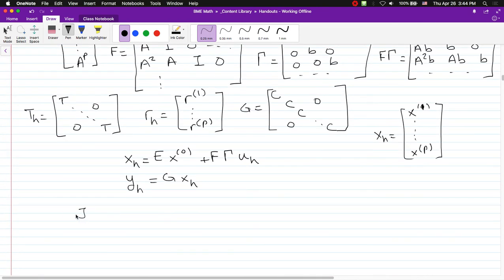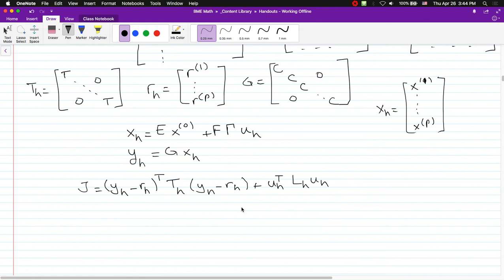So the cost function J is (YH minus RH) transpose times TH times (YH minus RH) plus UH transpose LH UH. So I took the sum and I wrote it as a matrix system. And what I want to know is basically how do I minimize this with respect to the command UH.